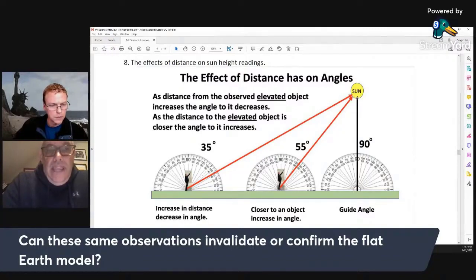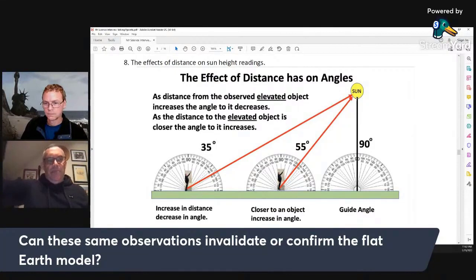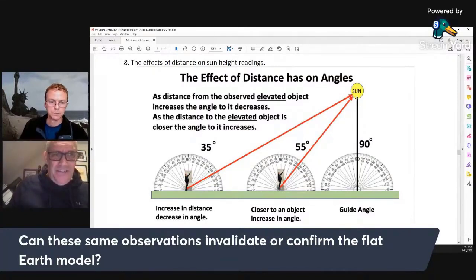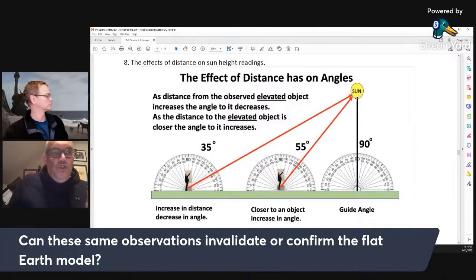Right? Again, so when we look at your house, if you take a light in your house, when you look at it, because it's an elevated object, you can look at that object. The farther you get away from that object, your measurement's going to decrease. So the flat Earth model has a huge advantage. I mean, when you talk about height measurements, you're not going to exceed that model unless you got up into the mid 80s.